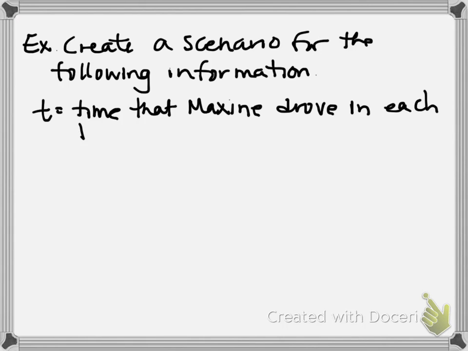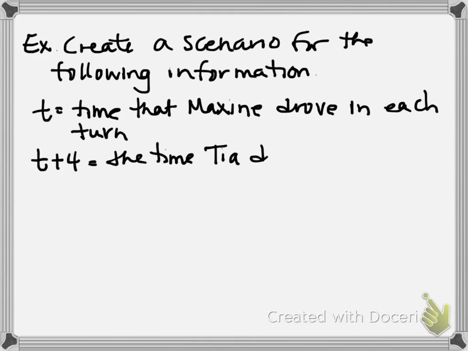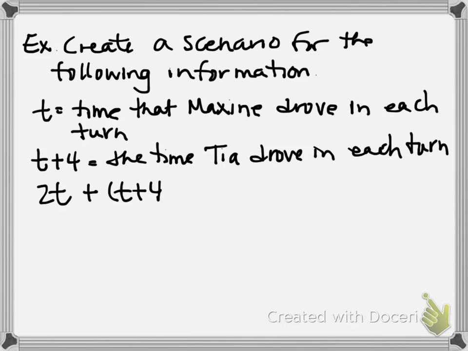T plus 4 is the time Tia drove in each turn. And then the equation that you need to come up with a scenario for would be 2T plus the quantity T plus 4 equals 28.